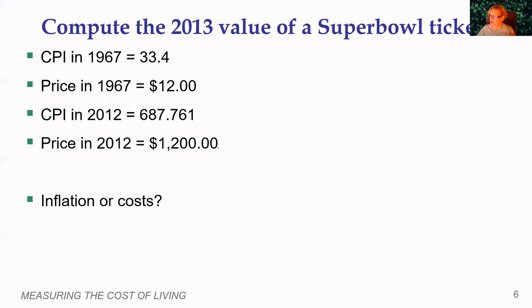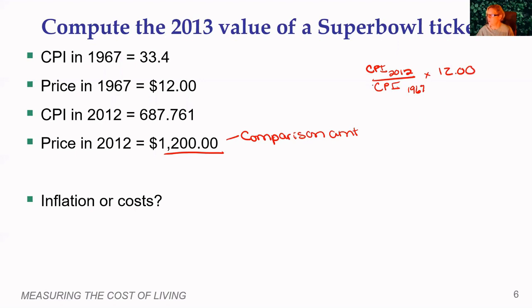The first thing we're going to do is hold this $1,200 off as our comparison amount. We don't really do any math with that. What we're going to do is take the consumer price index in 2012, divide that by the consumer price index in 1967, multiply that by $12, and that will give us what a Super Bowl ticket should cost if we simply account for inflation.